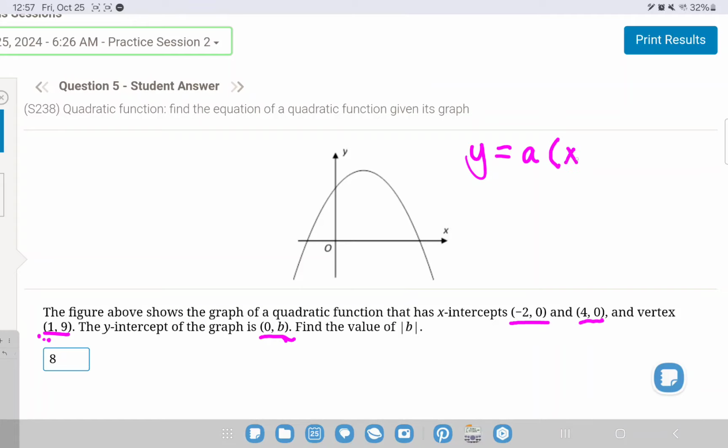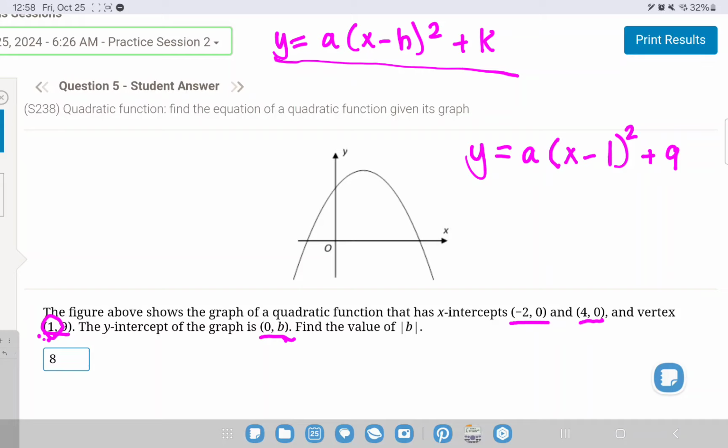So x minus this value, squared, then you put plus this value. Because like I told you before, it has to look like this. This is how you have to write it. So you rewrite it in this form, which is called the canonical form, by the way.